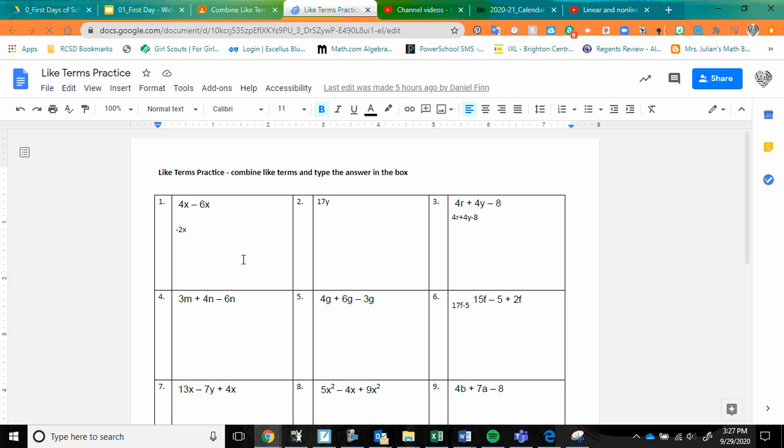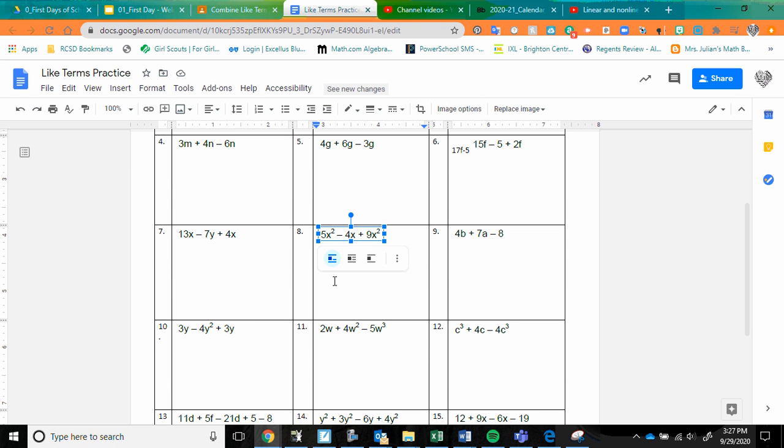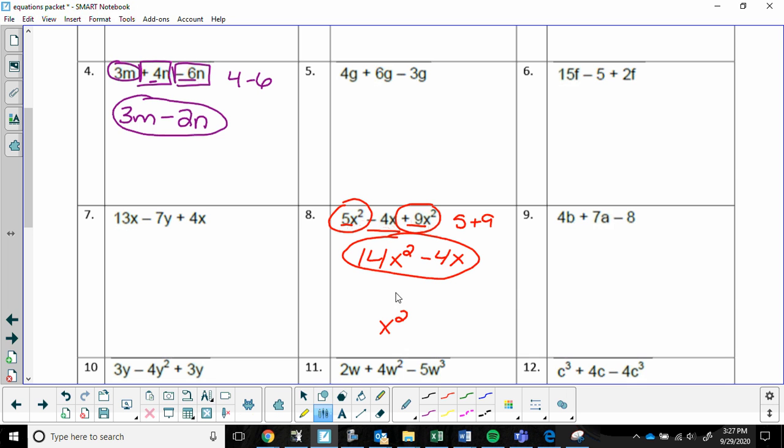So you'll notice that there's some stuff already in there. So let's talk about number 8. Okay, if I switch over, you'll remember that number 8 was 14x squared minus 4x.